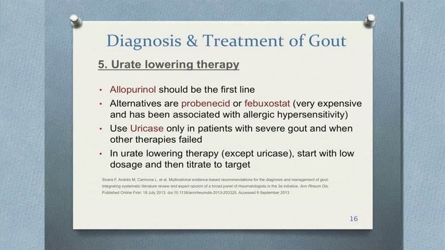And the other is uricase, which dissolves the uric acid, and this is an intravenous drug and should only be used when people have severe tophi and other therapies have failed. And as I mentioned before, we start the drugs allopurinol or febuxostat at a lower dose so as not to precipitate an attack of gout.